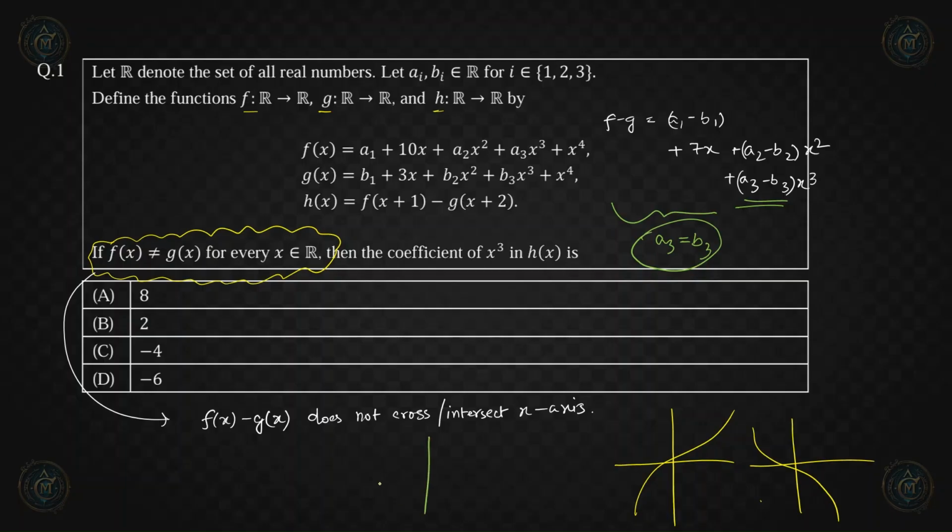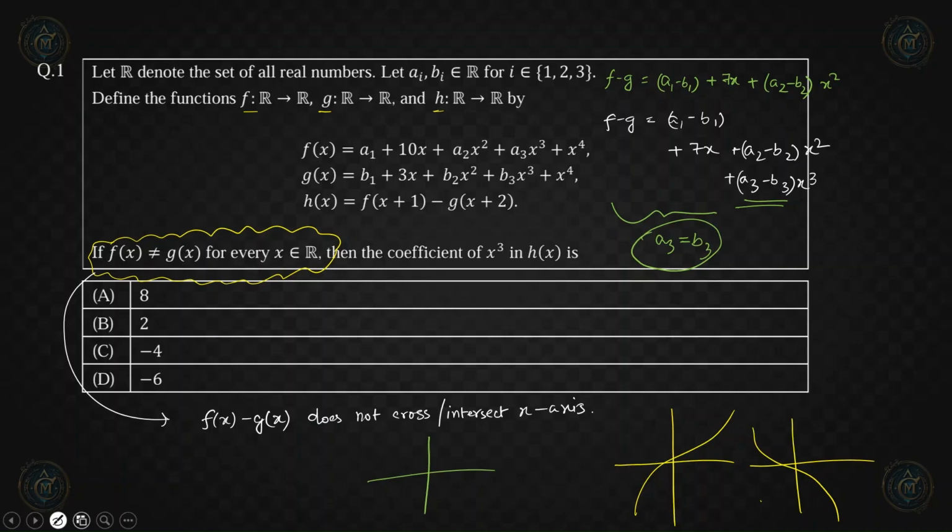Because if we have a quadratic with two roots, or a quadratic with one root, this case is also not possible. That means the quadratic function f minus g equals (a1 minus b1 plus 7x) plus (a2 minus b2) times x square must have its discriminant less than 0.